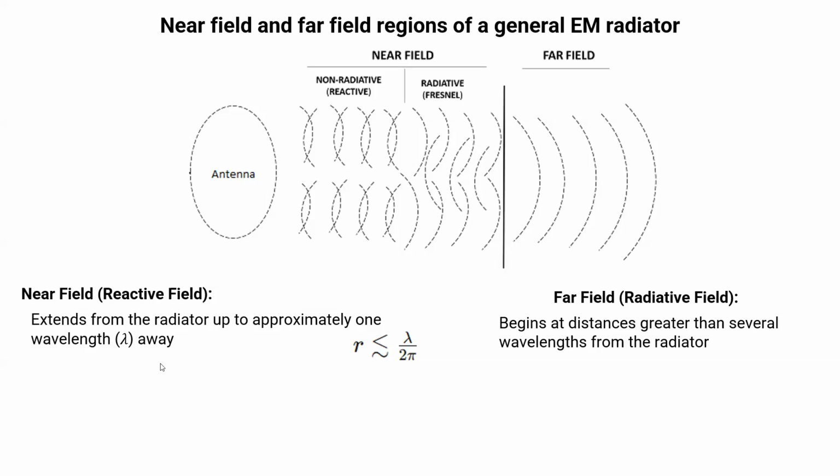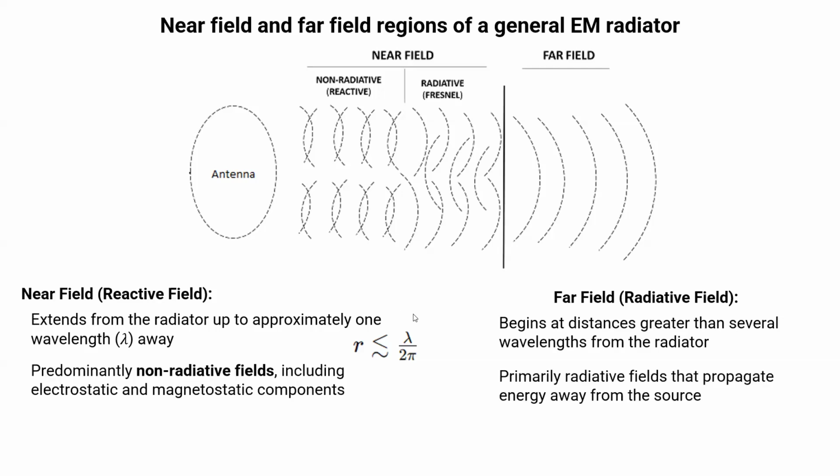The wavelength is the distance that a wave propagates per period of one oscillation. At a distance smaller than the wavelength, we have a strong contribution of the near field, but at a distance larger than one or several wavelengths, the field is mostly far field. So this is the first point.